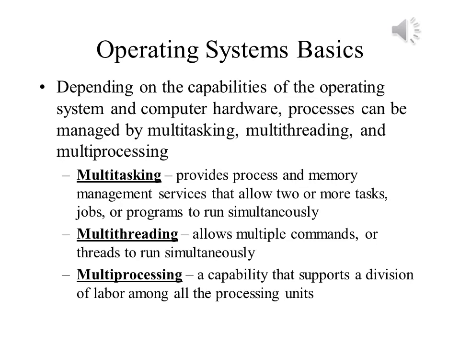The reason that computers can do so many things at once is because processes are managed by the operating system, which uses multitasking, multithreading, and multiprocessing. These three terms are related, but they mean different things.